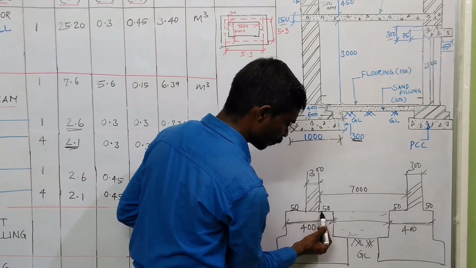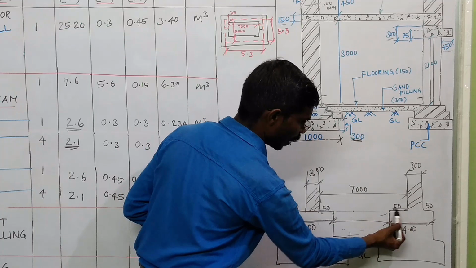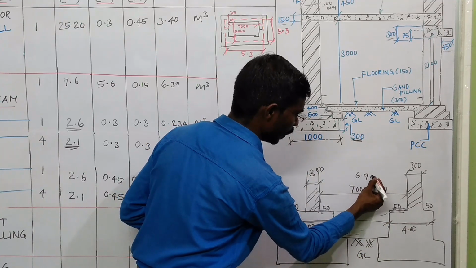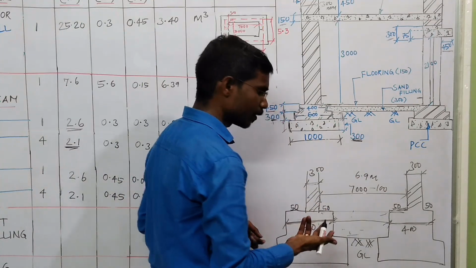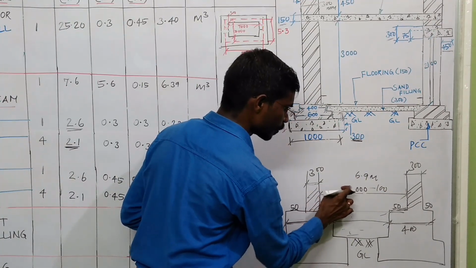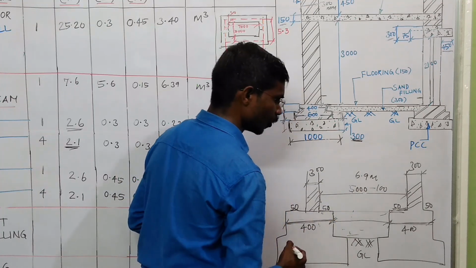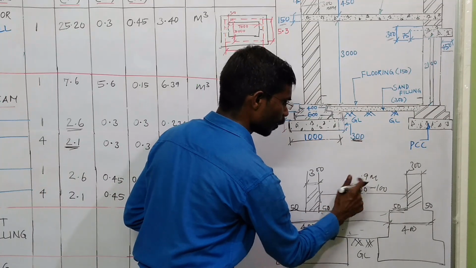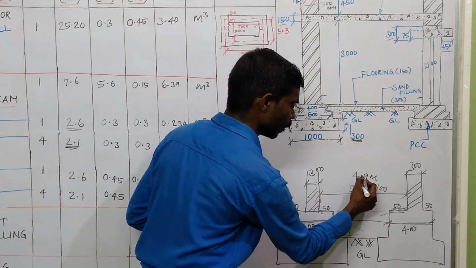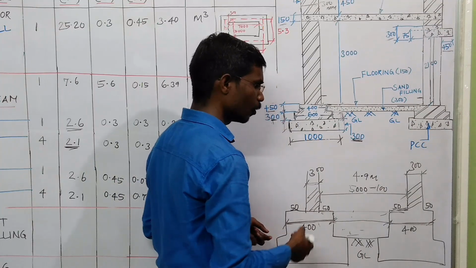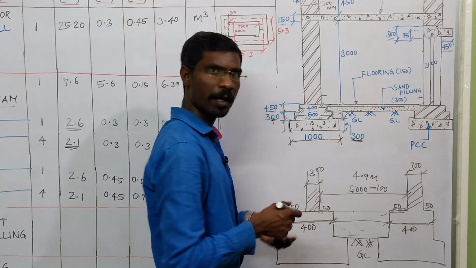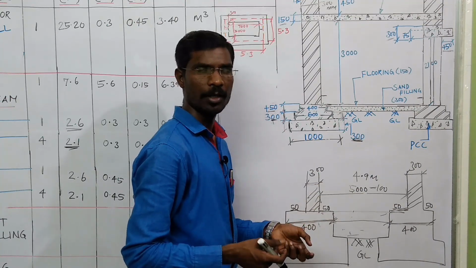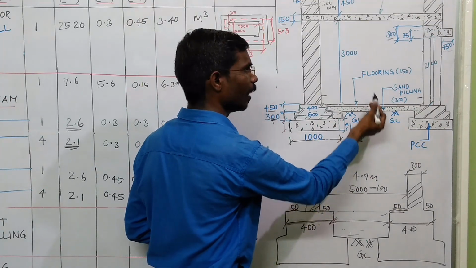You minus this 50 mm and this 50 mm in this length, you will get 6.9 meter of length. Same like that, the breadth is 5000 minus 100 mm, you will get 4.9 meter for breadth. You can use the 6.9 meter for the length and 4.9 meter for breadth for sand filling and flooring.